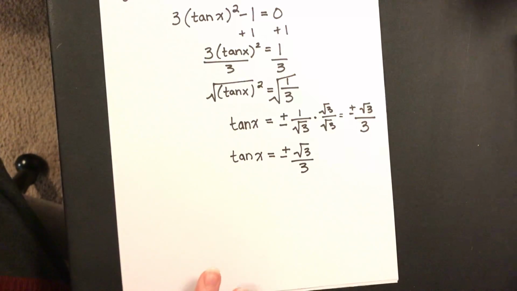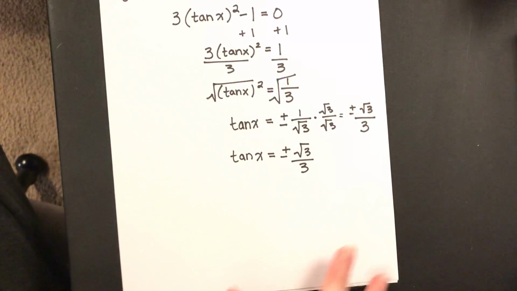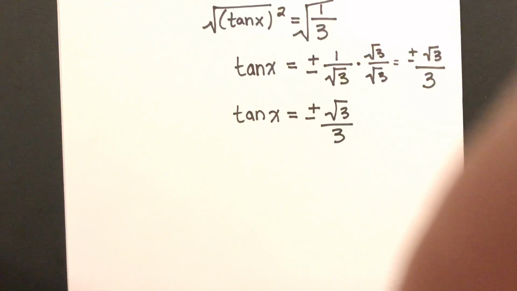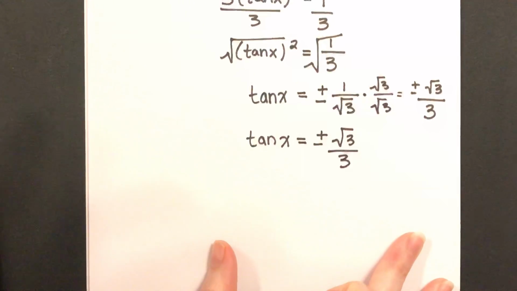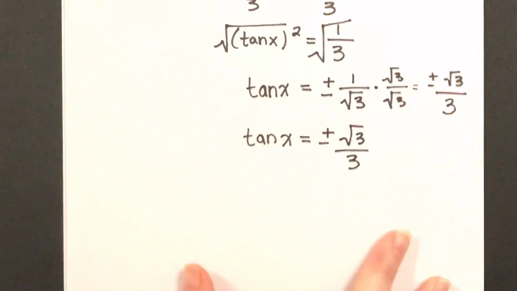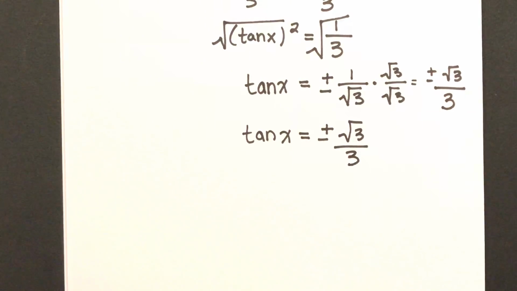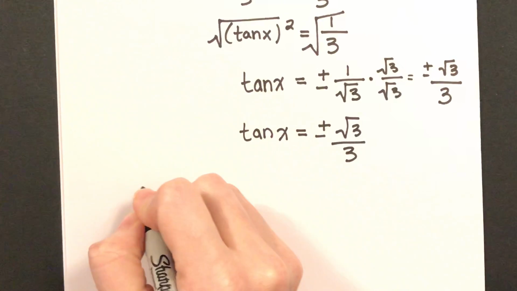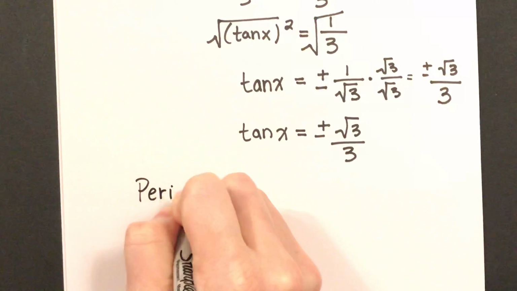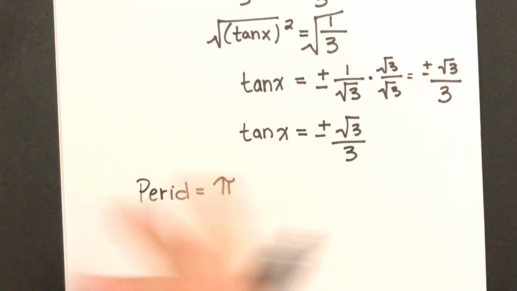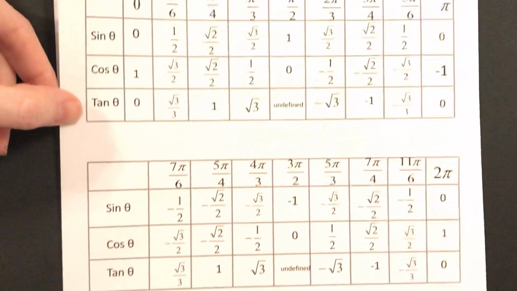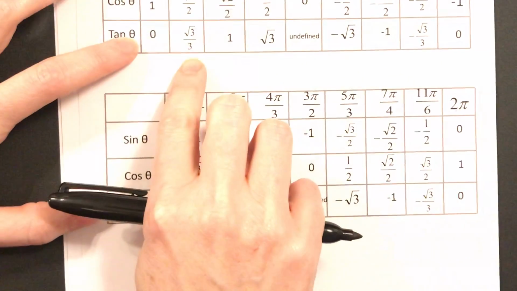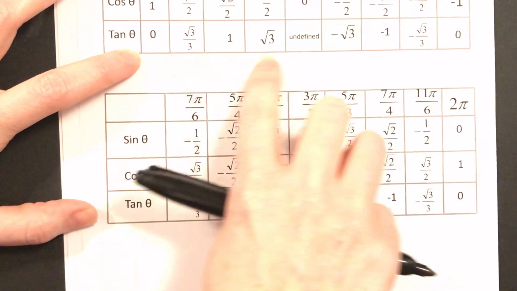Okay, so also the period for tangent, I'm going to zoom back in, see if I can get that zoomed into how it was. Is that good? Maybe a little more. The period for tangent is just pi, remember? And the reason for that, look at your chart here again. Okay, so see tangent. Do you see the pattern here? So this is from 0 to pi.